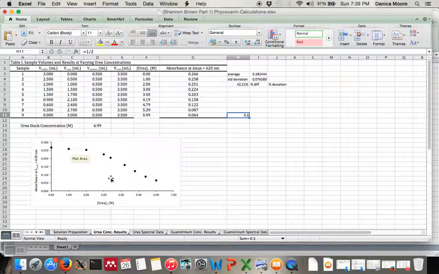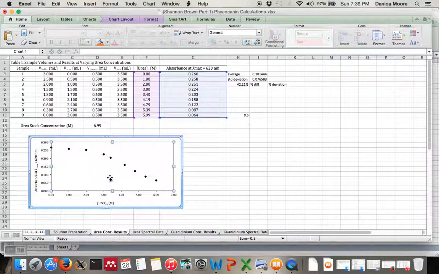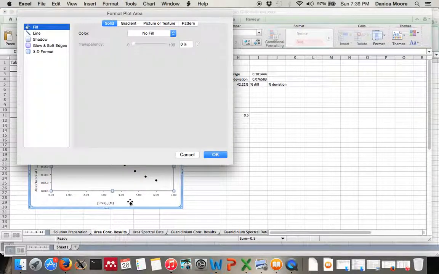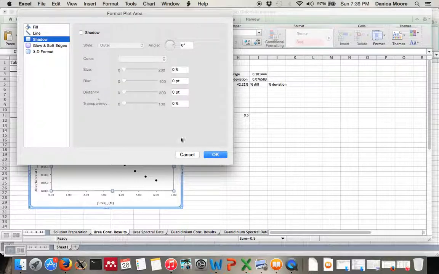And so once we've got all of our numbers nice and pretty in here, then we can make our pretty little graph, which again you can do in the body of the spreadsheet, or you can do in its own separate spreadsheet. And we can do that by right clicking here.